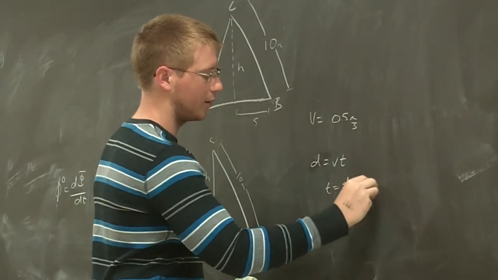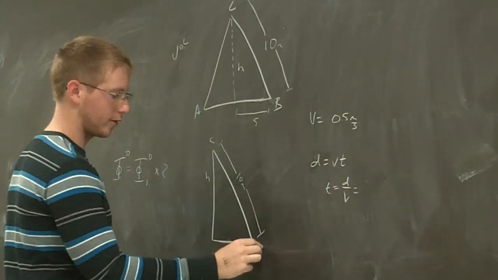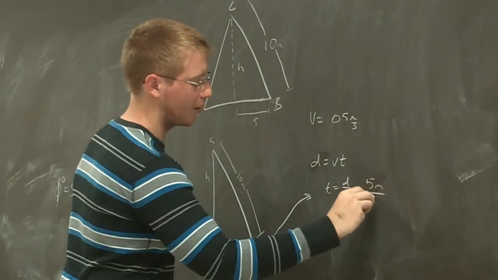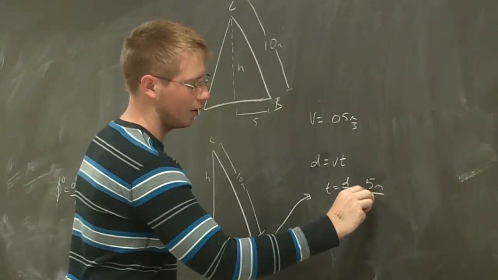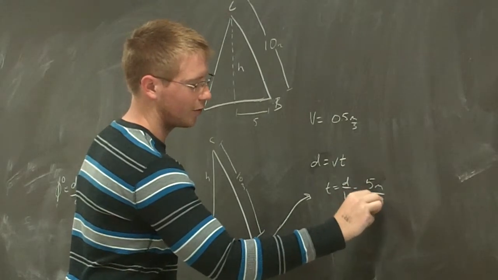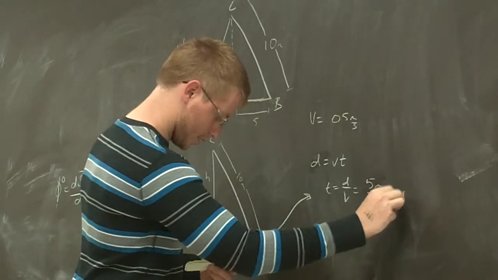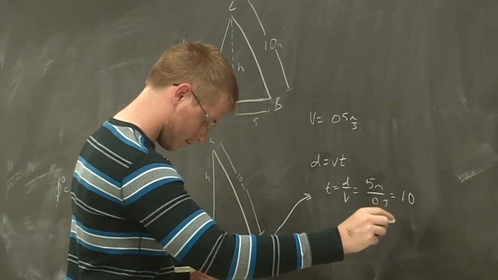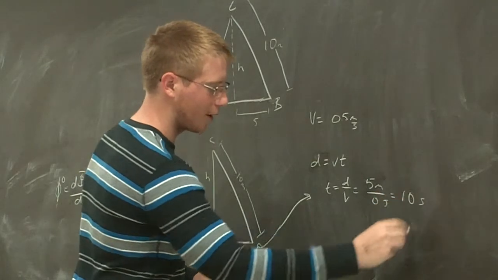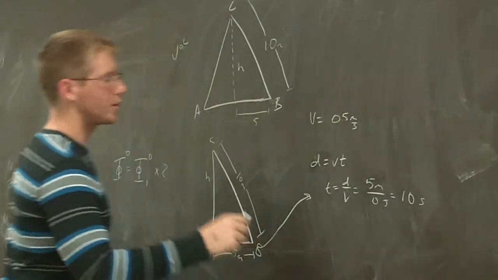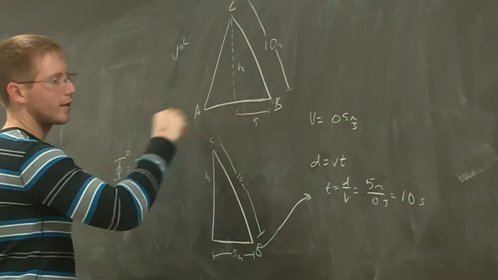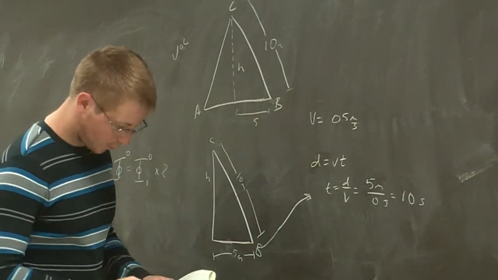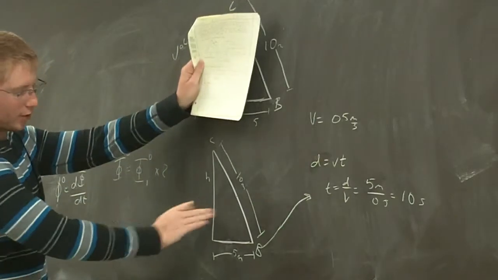It's equal to 5 meters divided by 0.5. I get 10 seconds, I believe, 10 seconds. Yeah, 10 seconds for 1/2. So the total time it's going to take is going to be 20 seconds, but we're looking right here, 10 seconds. We're looking at just this down here.